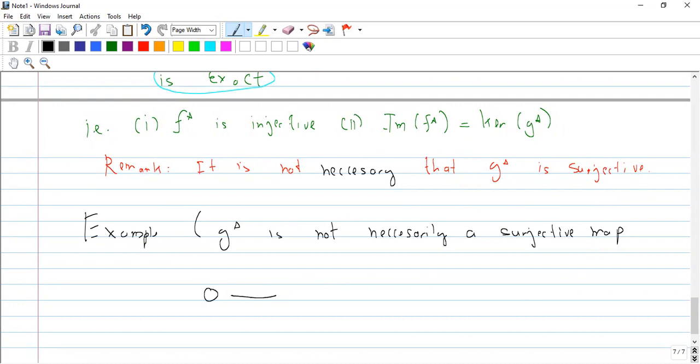So consider a short exact sequence in this way that 0 to 2Z, Z and Z_2. So we know that this is a short exact sequence. Here f is an inclusion map and g is a surjective map. So we know that this is a short exact.